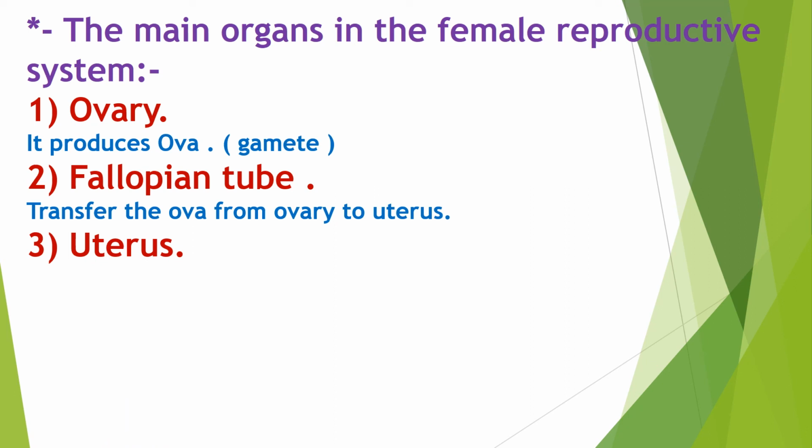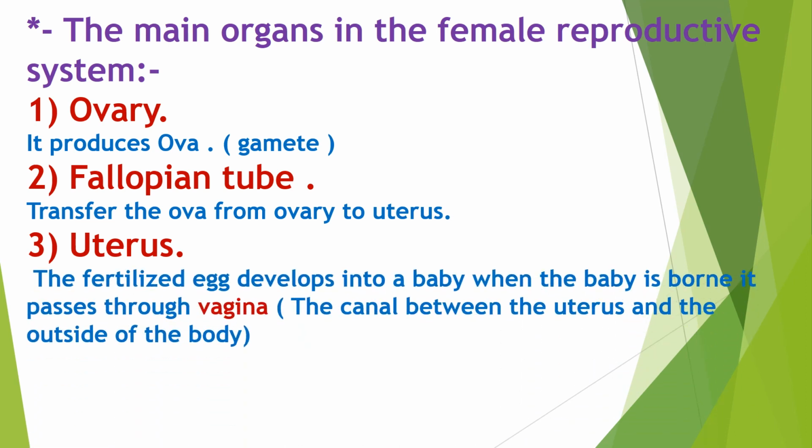Number three, the uterus, is the place where the fertilized ova or fertilized egg develops and produces a baby. And when the baby is born, it passes through the vagina.